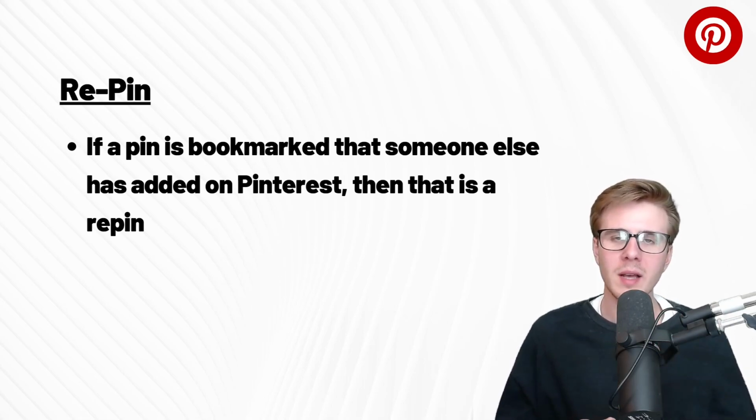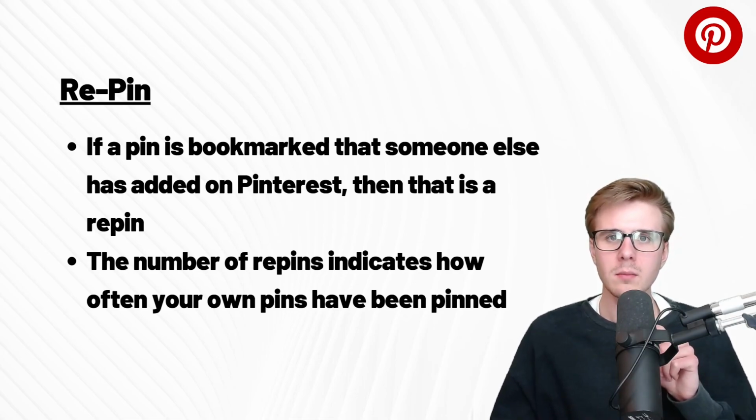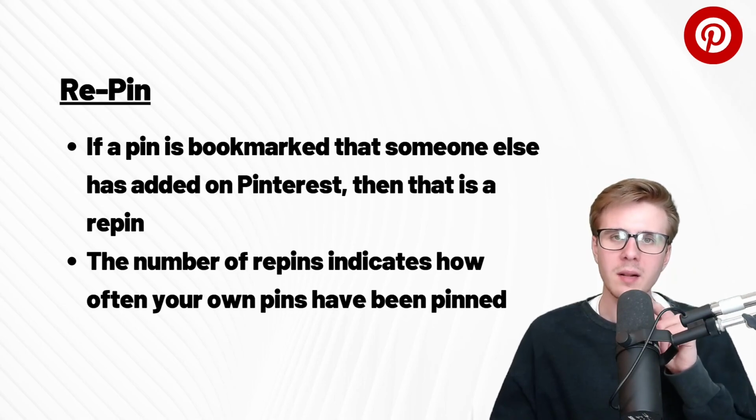Also, other people can then bookmark it for their own folders, boards. The number of repins indicates how often your own pins have been pinned. So if you see that your pin has, for example, 20 repins, you know that 20 different people bookmarked your pin on their own boards.